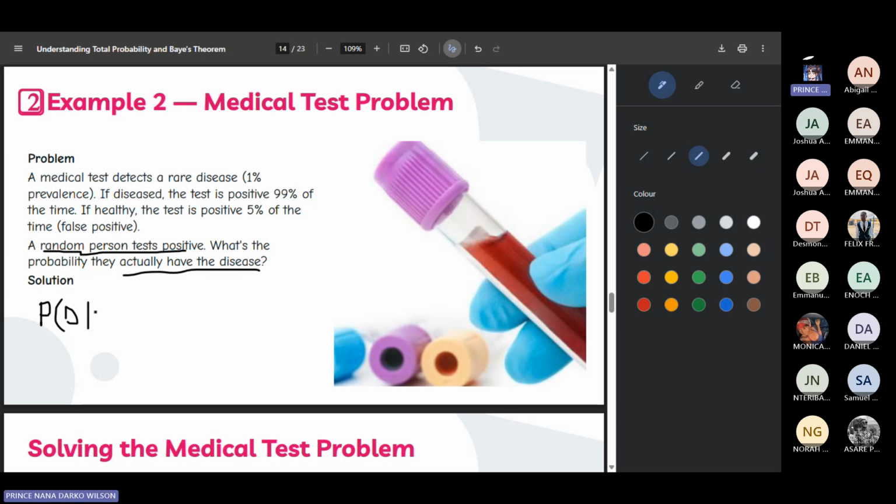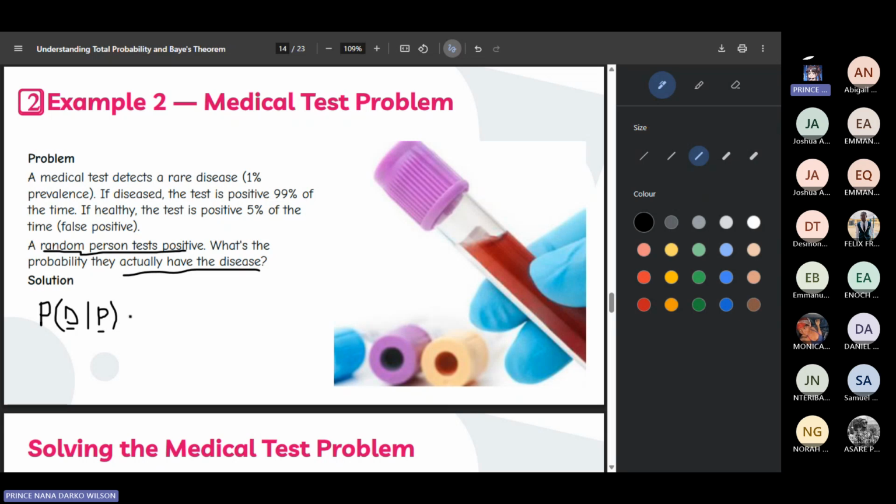Given that you have tested positive, let's use P for that. So we have to find the probability that someone took the test, the person tested positive, you see, that's the precondition, that's P here, and the person actually has the disease. So we are checking the probability that you have the disease, given that you tested positive.